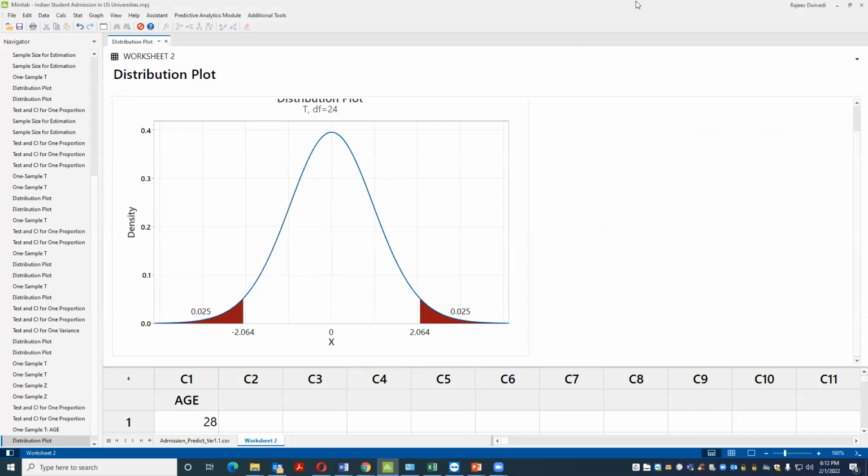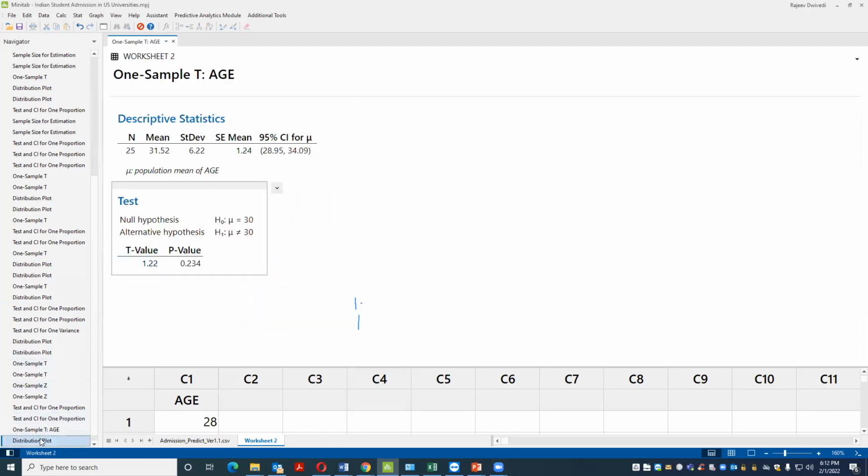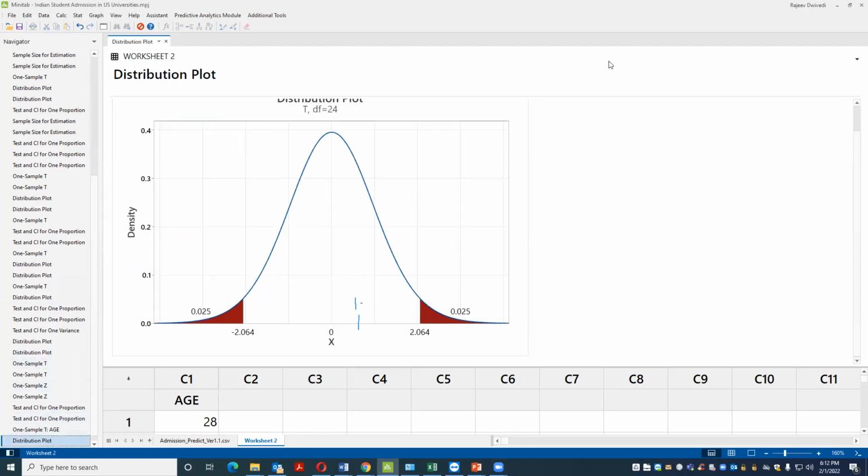My t value is coming here, 1.22. So 1.22 would be right here, somewhere. This means this is the acceptance region. Acceptance of what? Null hypothesis acceptance.